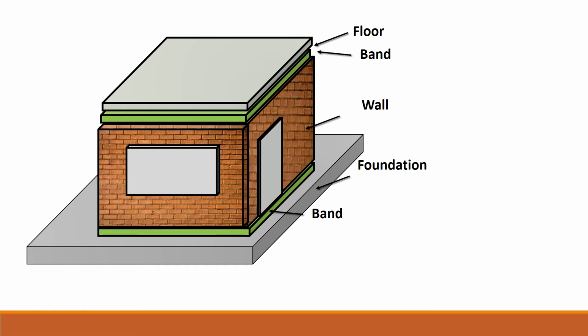Now about the strengthening arrangements. If we have openings in the masonry wall, what sort of strengthening arrangement shall we provide in this case of a masonry wall? We have already studied that we provide bands at plinth level and at roof level, but apart from this, the bands can be provided at various other levels.